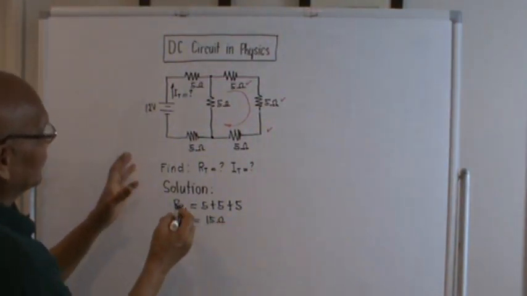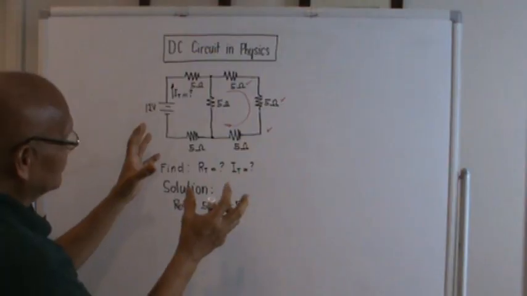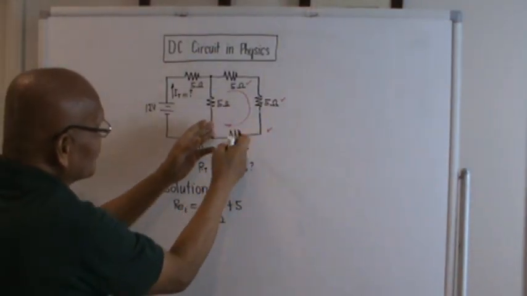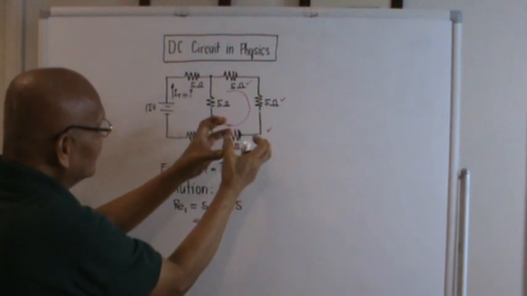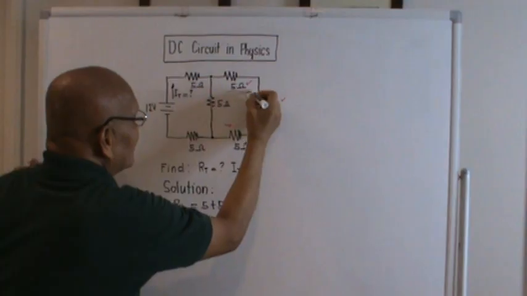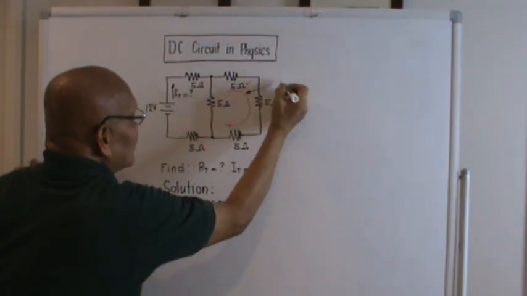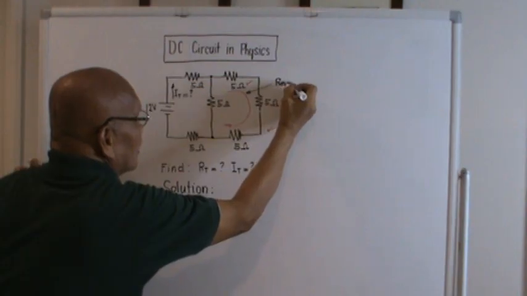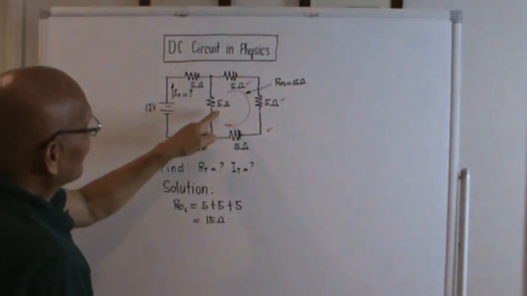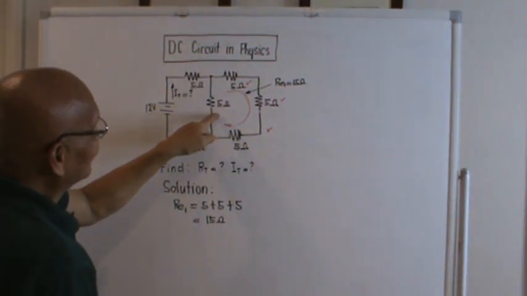Then again, if we try to take the circuit upon the comparison of these three 5s to a single component, we could say that this single component here, which is RE1, which is equal to 15 ohm, will be in parallel with this 5 ohm here.